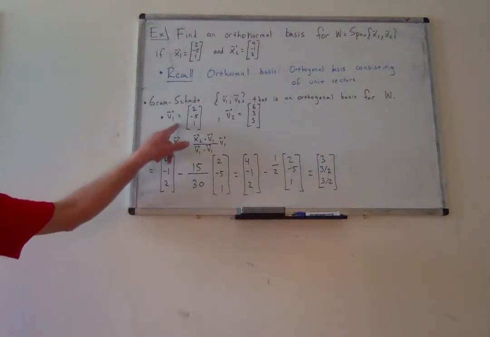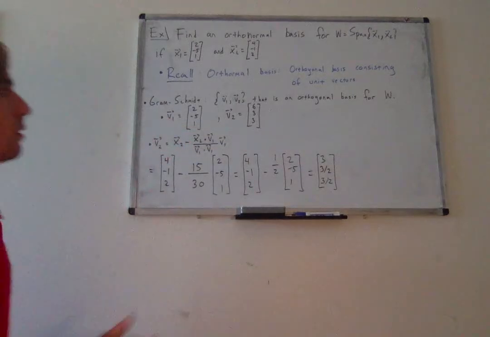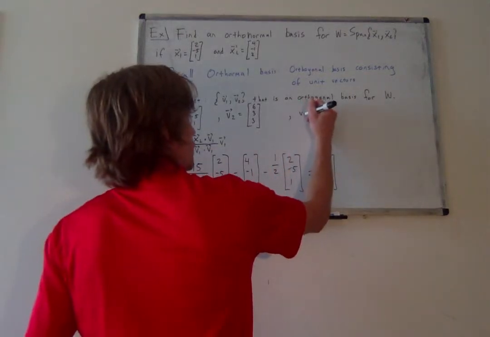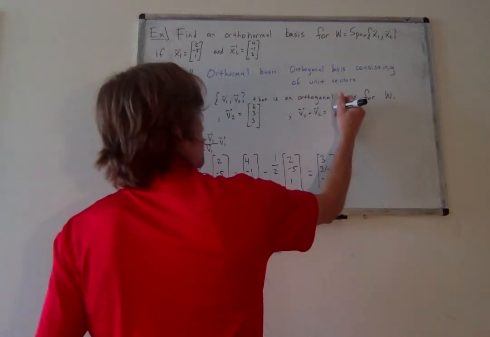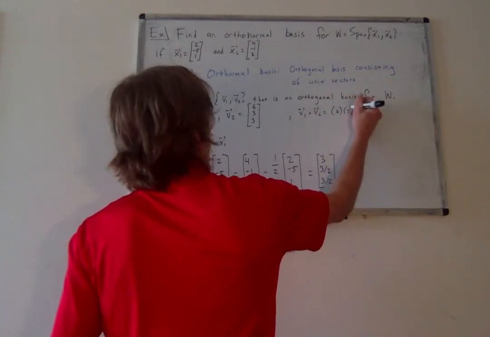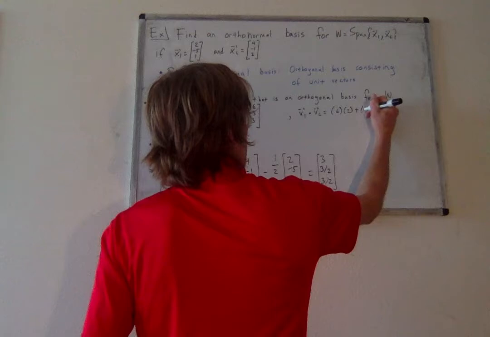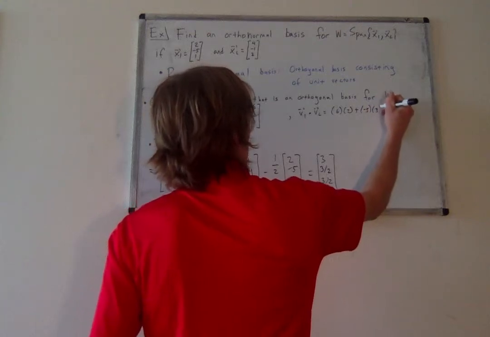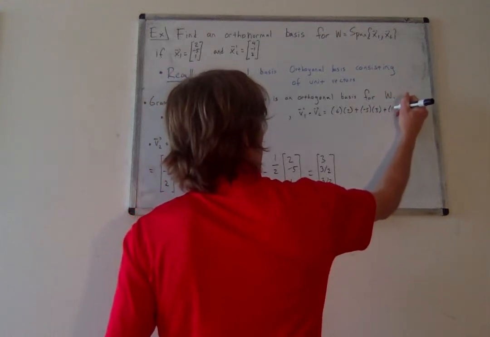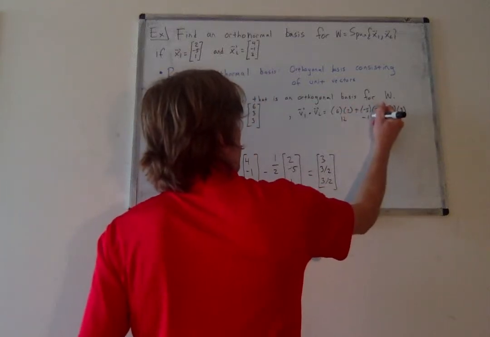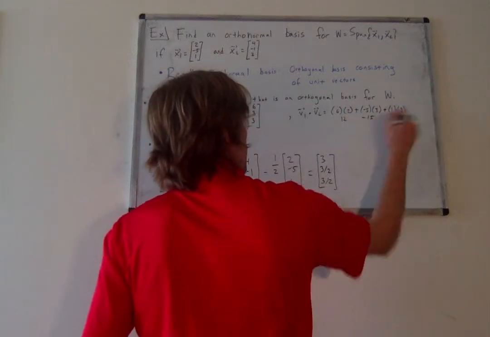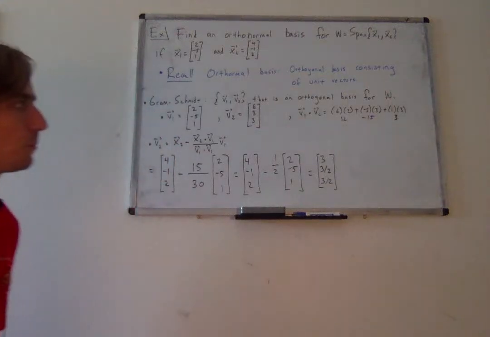So we can quickly check, are these orthogonal? Well, v1 dot v2 is equal to 6 times 2 plus -5 times 3 plus 1 times 3. This is 12 minus 15 plus 3, and so that adds up to 0.